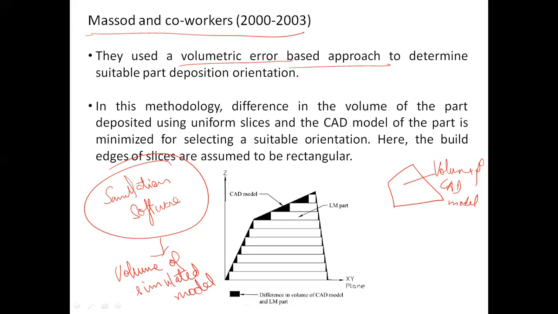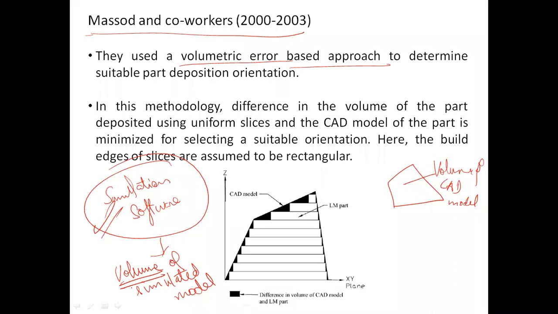Now, for every possible orientation that I can think of, I can simulate that model in that orientation, and I can always find out using my simulation software what will be the volume at that individual orientation.